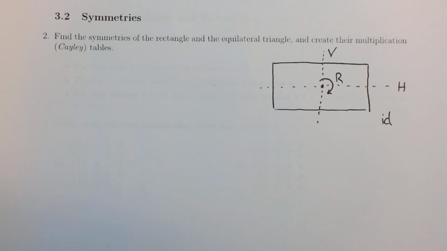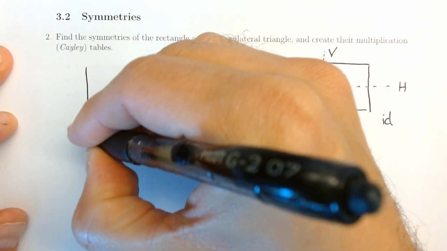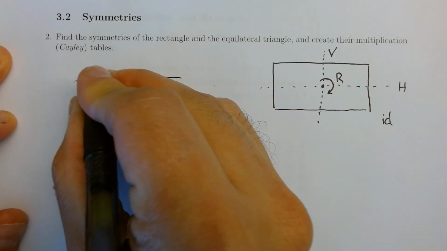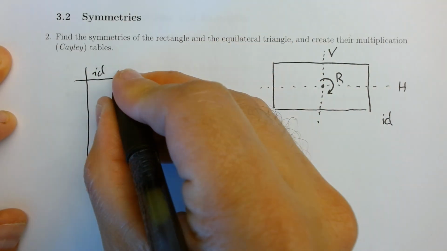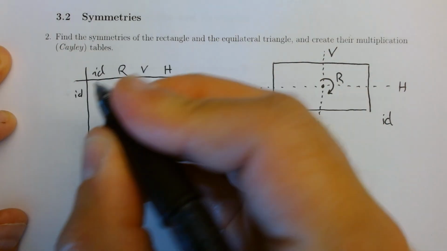Now here we want to see how these interact with each other, creating what we call the multiplication or Cayley table for these operations. So we have 4 operations that we'll put in like a multiplication table. So we'll list each operation here and list them all here in the same order.